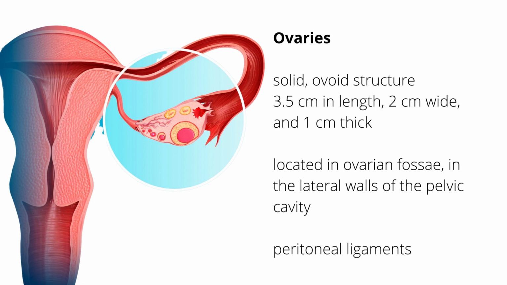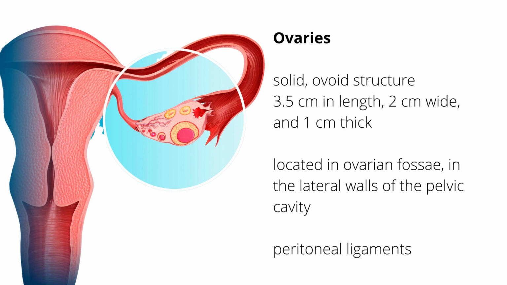Let's go to the ovaries, the primary female reproductive organs or gonads are the two ovaries. Each ovary is a solid ovoid structure about the size and shape of an almond, and they're about 3.5 centimeter in length, 2 centimeter wide, and 1 centimeter thick.